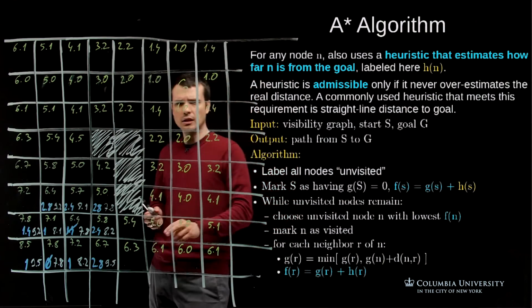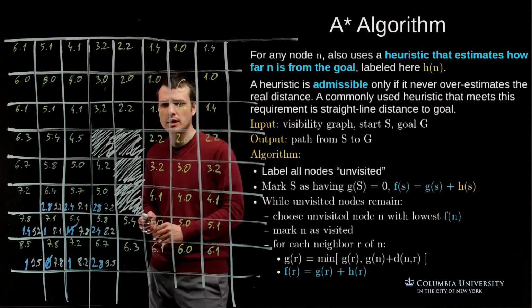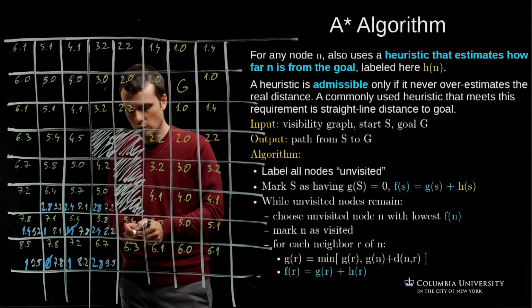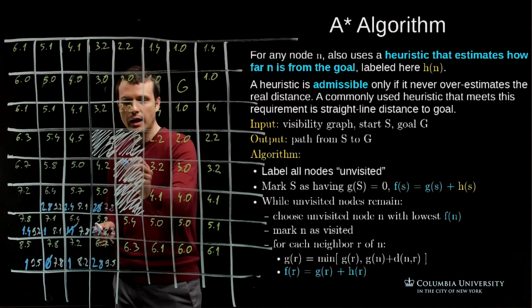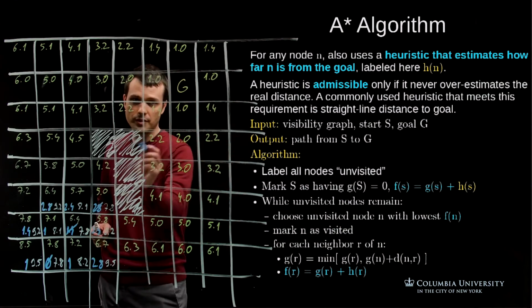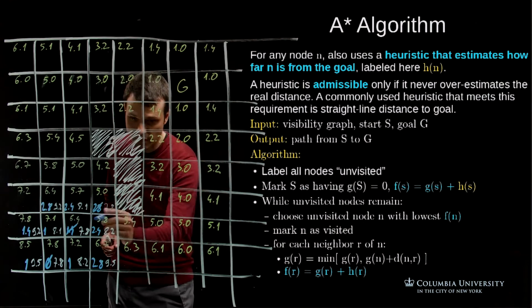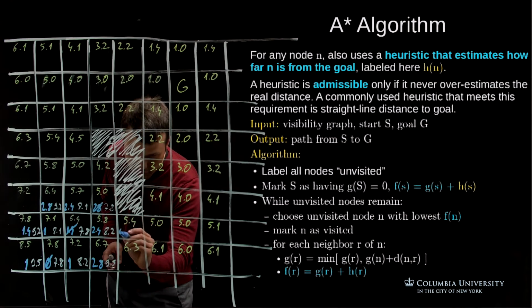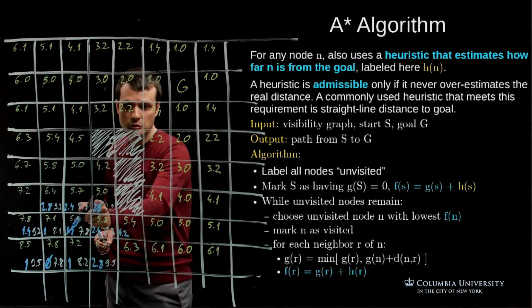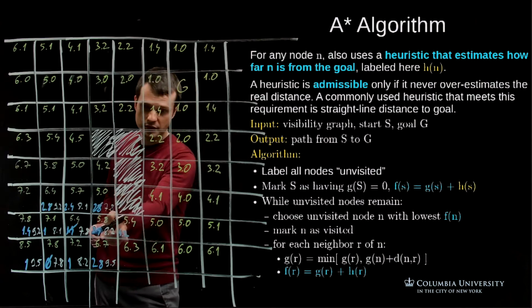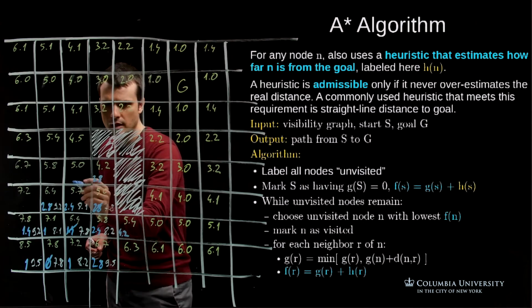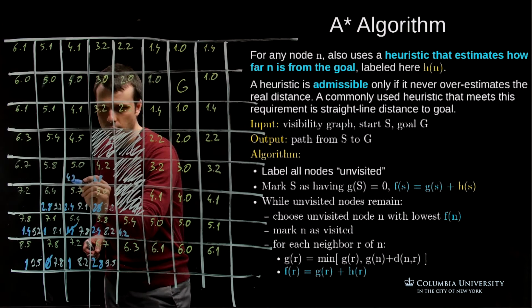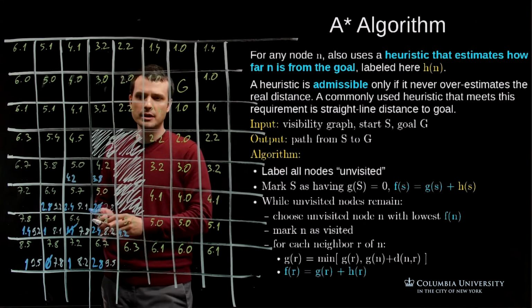Who do I choose next? The lowest white number I have, it's this one, it's 7.8. So now I'm marking this one as visited. I update all the neighbors with first the path from the start. So I'm going to have 4.2, right, so 2.8 to get to here plus 1.4 down gives me the 4.2. 3.8 for here, and then 4.2 for here, and then add the numbers up.